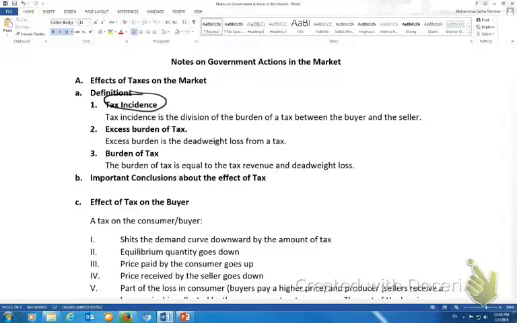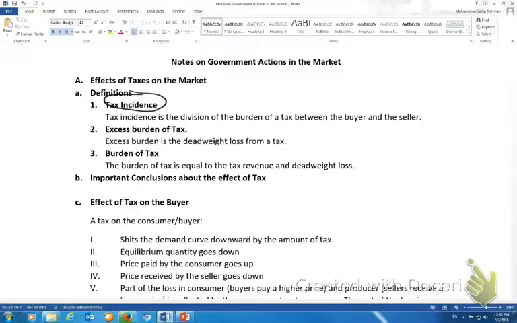Excess burden of tax is excess burden in the form of deadweight loss, which means that whenever there is some kind of tax, it is going to lead to either overproduction or underproduction, meaning that in the presence of a tax, the marginal benefit of the goods is not equal to the marginal cost. As a result, there is a mismatch with the condition that usually guarantees efficient allocation of resources.